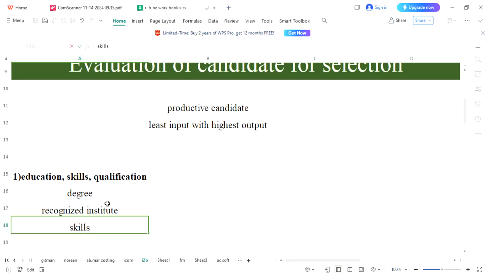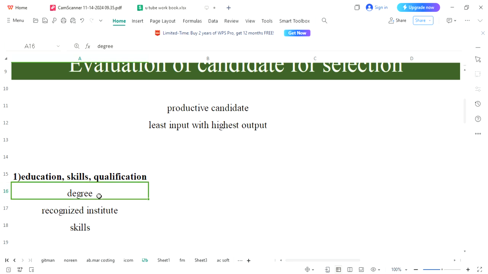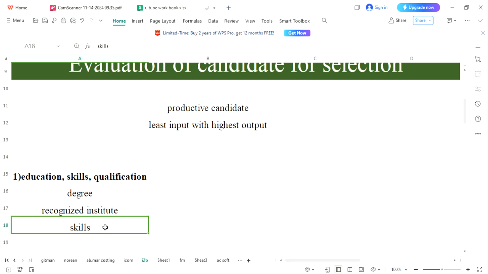If an accountant has a degree but he is unable to make journals, ledgers, a balance sheet, or calculate profit and loss, his degree would not be considered enough. So degree is important. Besides that, his practical skills are more important.